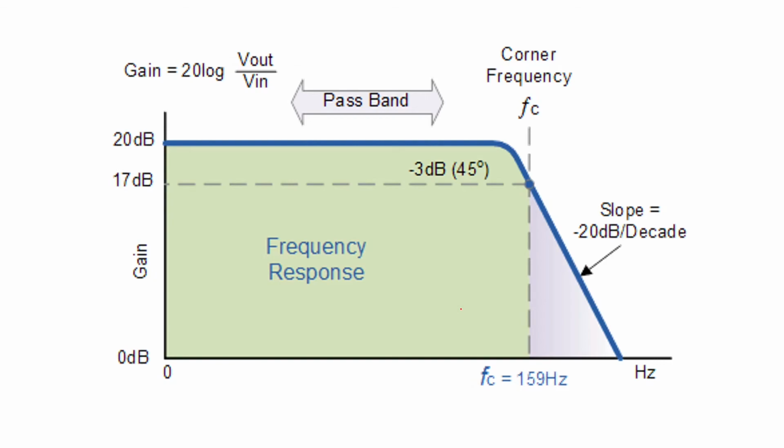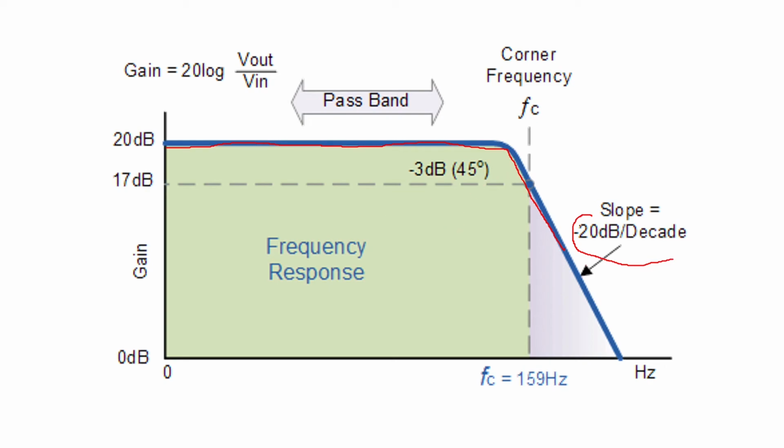Now, practically, if you see the frequency response, as I've told you earlier also, it will look like this. Here the y-axis is gain, and the gain is constant till here, and then it decreases at a rate of minus 20 decibels per decade.